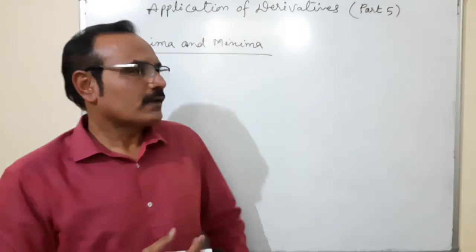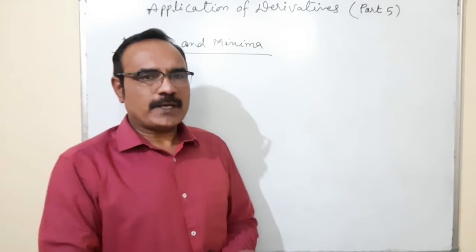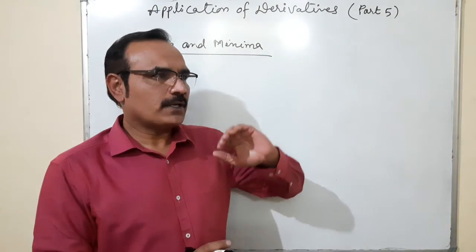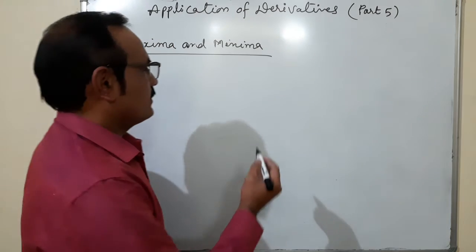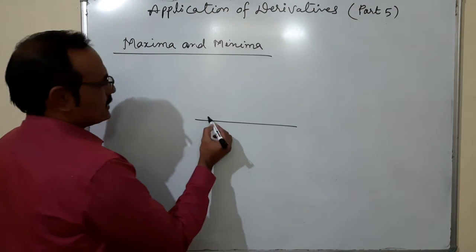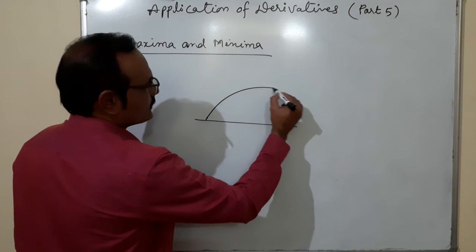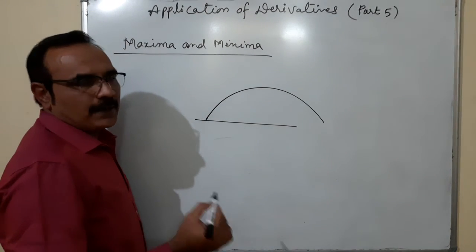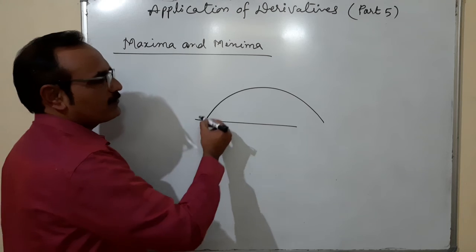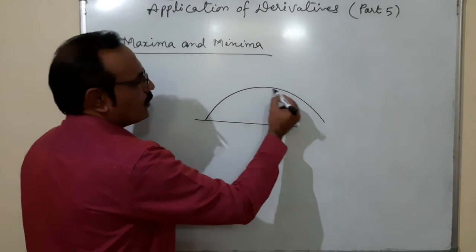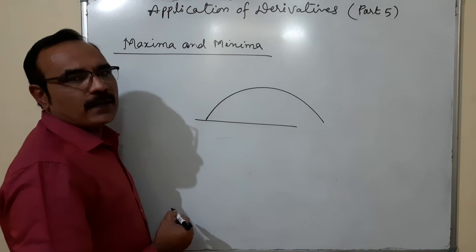Suppose we throw a stone. We know the stone will go upward from the point where it is thrown, and it will go like that. Whenever we throw a stone or a ball, it follows a path called a parabolic path.